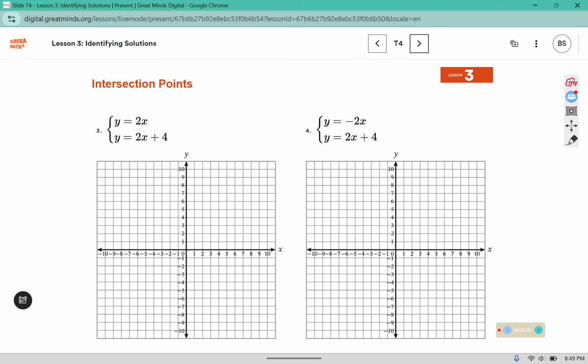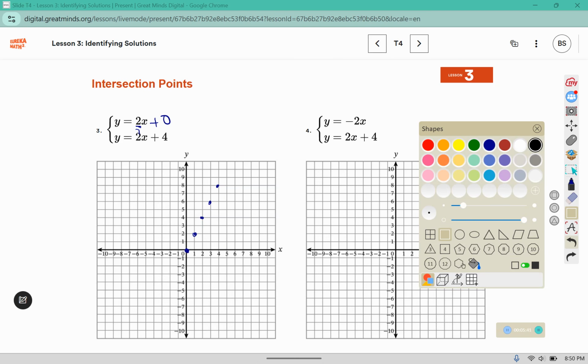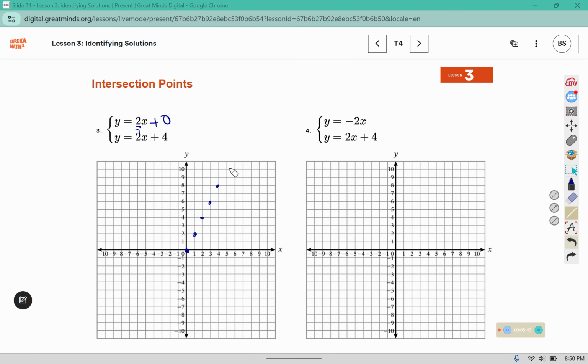For these ones, we have to graph them. This has a b value of 0. So we're starting at 0, and our slope tells us to go up 2 and over 1. And then remember, we're going to draw a line through those points.